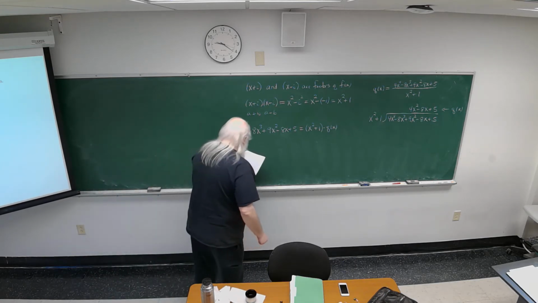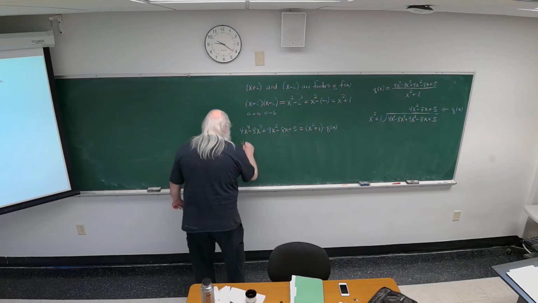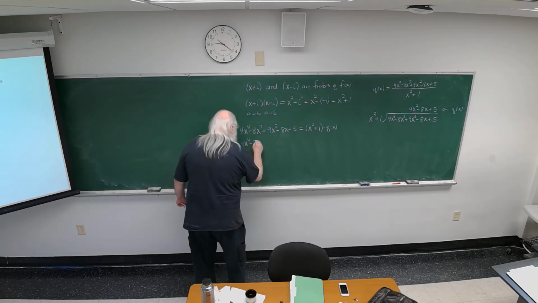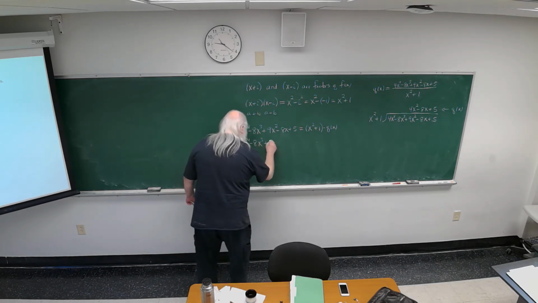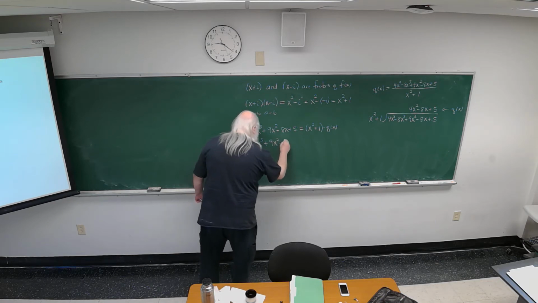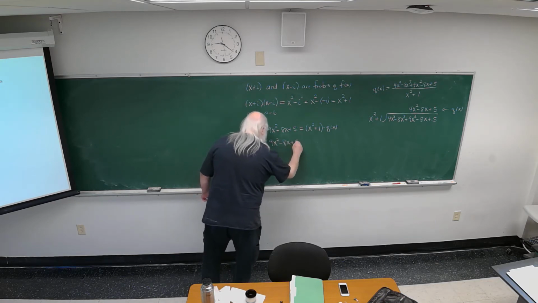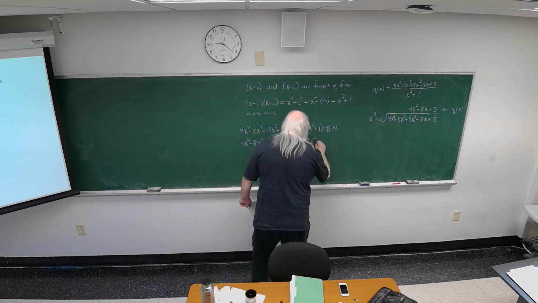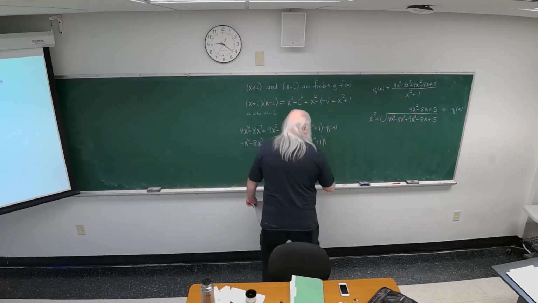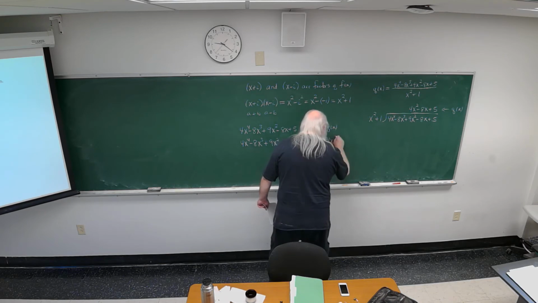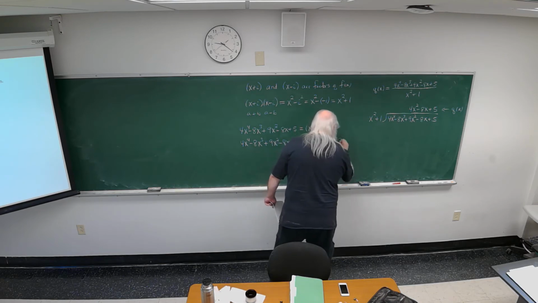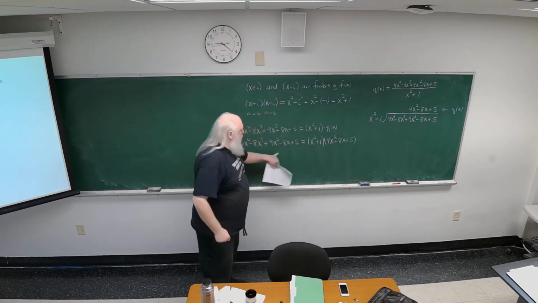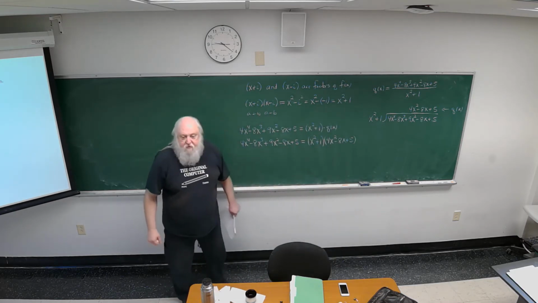So our fourth degree polynomial over here is equal to x squared plus 1 times 4x squared minus 8x plus 5. So our fourth degree polynomial can be written as those two factors.